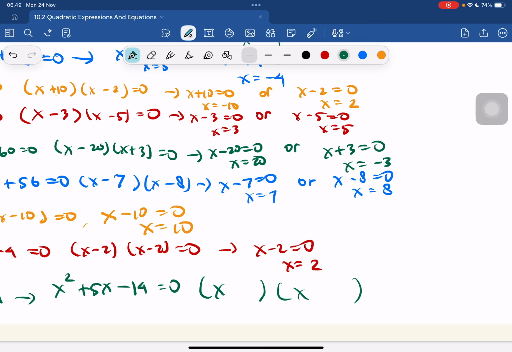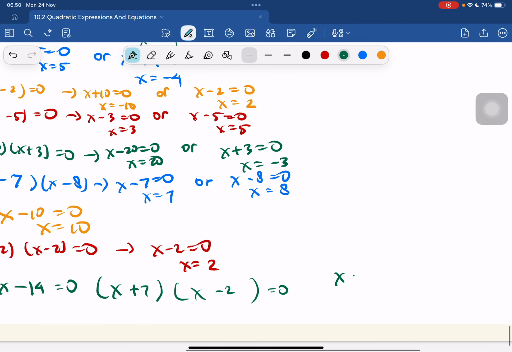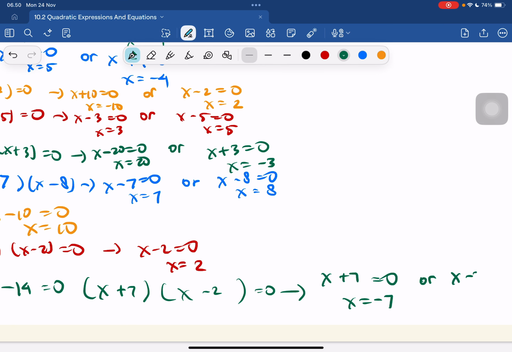When we add, it's going to be 5, but when we multiply, it equals minus 14. We got it, plus 7 and minus 2. So first x plus 7 equal to 0, so x equal to minus 7. Or second option, x minus 2 equal to 0, so x equal to 2. There it is. Thank you.